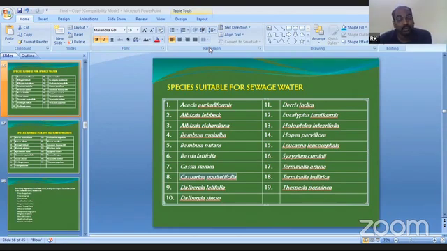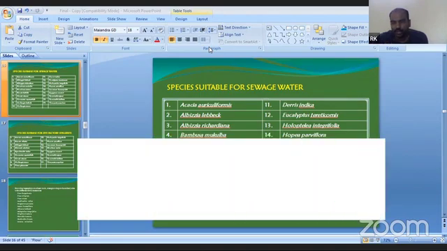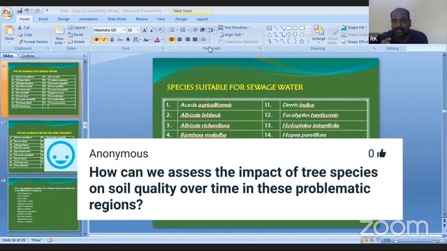Yes, sir. Actually, this is a very good question. To assess this, you first go for a pilot study. Suppose you are planting 10 different tree species. Which species survive in that locality?